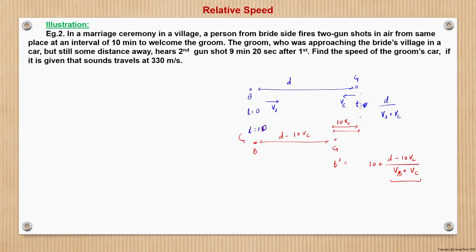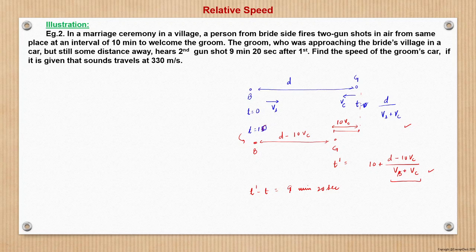So now see, the question said that the difference between t and t dash, t dash minus t, has been given as 9 minute 20 second.